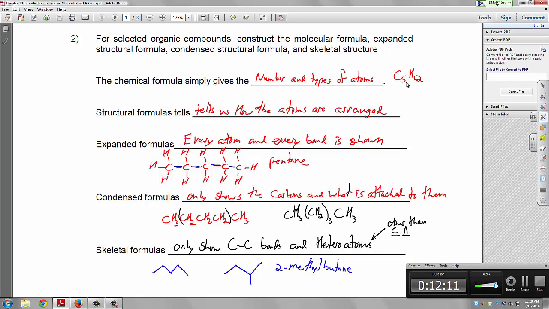Both are C5H12, but they have different structures, different shapes, so they have different names. This one is pentane, this is 2-methylbutane. They have different properties. What they have in common is the same chemical formula, C5H12.